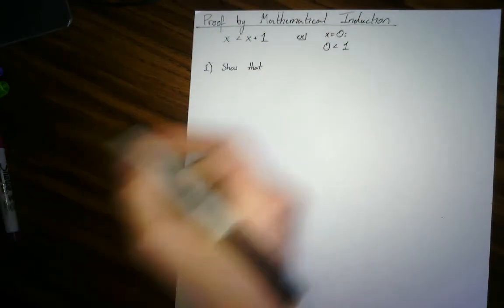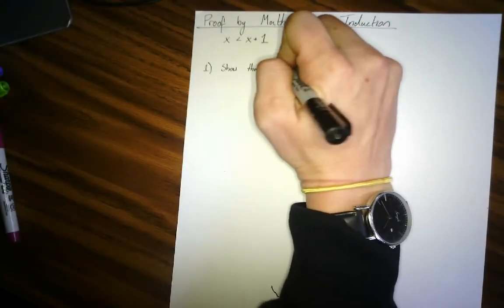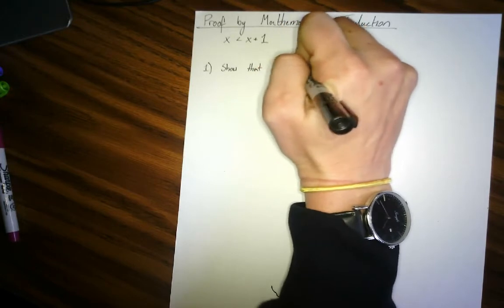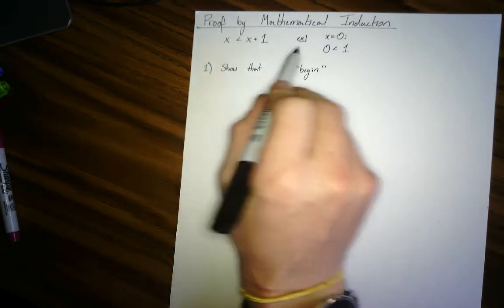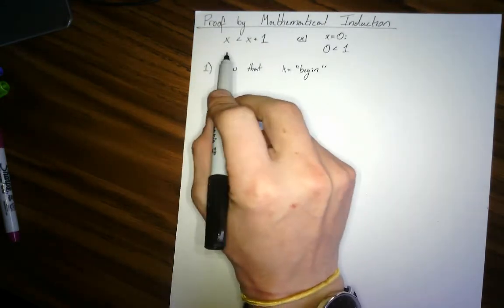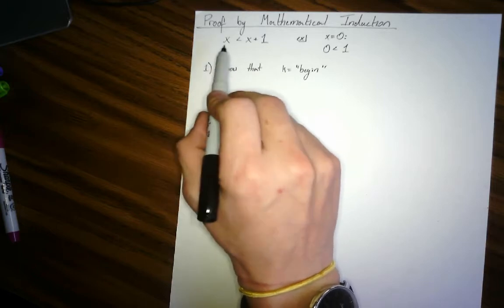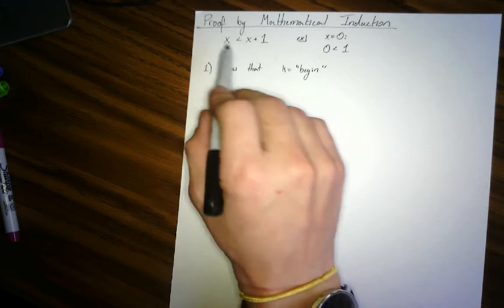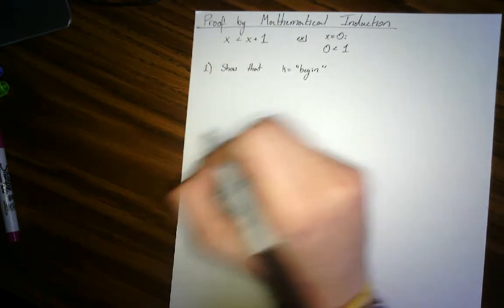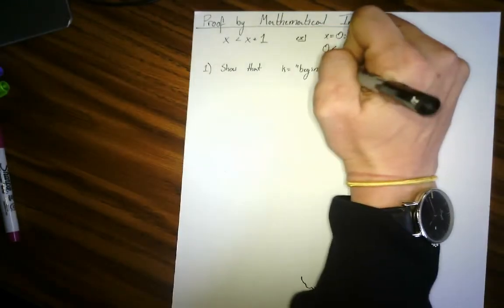Say we have some value k equals begin. Our starting point can be any number because it works for any number, but maybe we start at the value of 1 and want to prove that 1 is less than 1 plus 1. We simplify that to 1 is less than 2, and we've got our true statement. So we show that k equals begin is true.